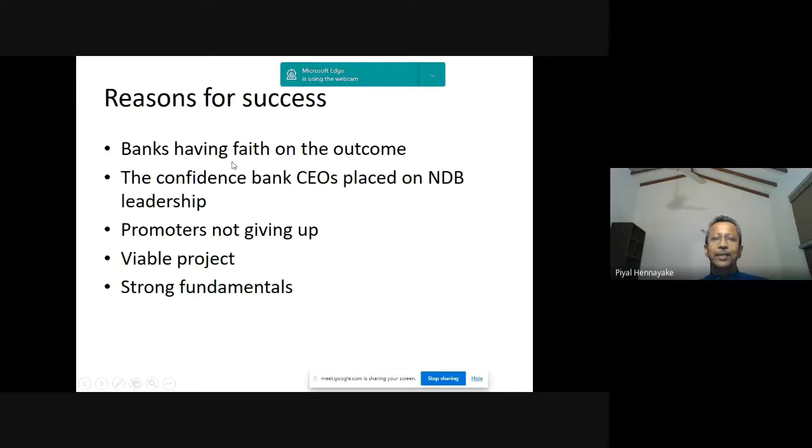However, the project was completed. The banks having faith on the outcome and the confidence of bank CEOs on NDB leadership. Mr. Ranjit Fernand was the CEO of NDB at that time, and we had a meeting, and even my DGM at that time said no more loans.